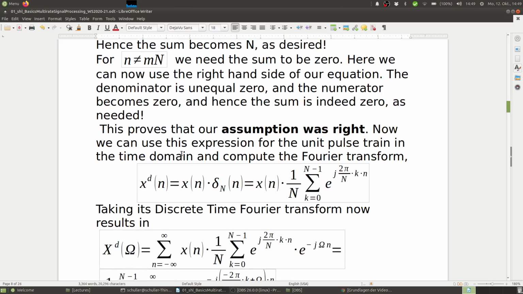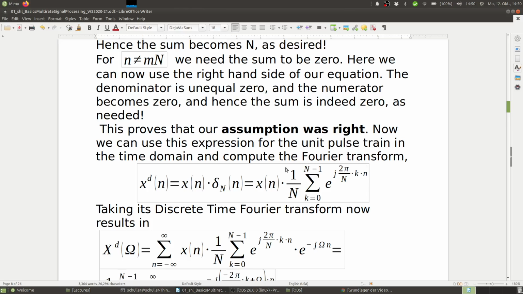So now actually we get our unit pulse train using this sum. Right, so here we can see it. We can replace our unit pulse train, which is mathematically a little bit tricky to define, by this sum here, this finite sum of complex exponentials.